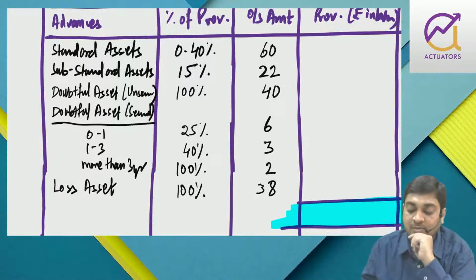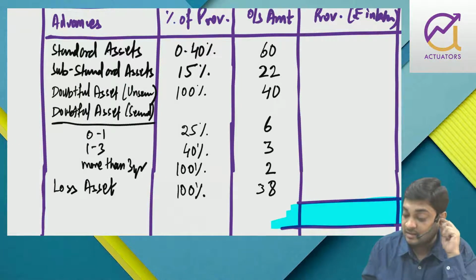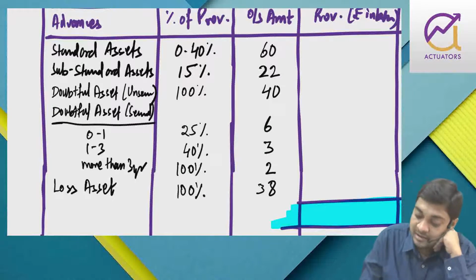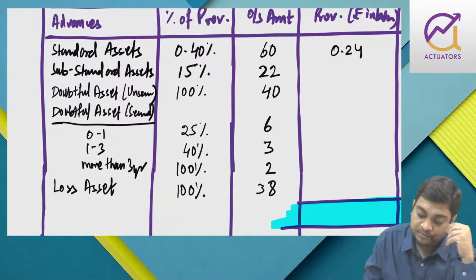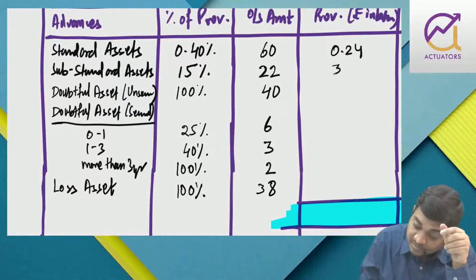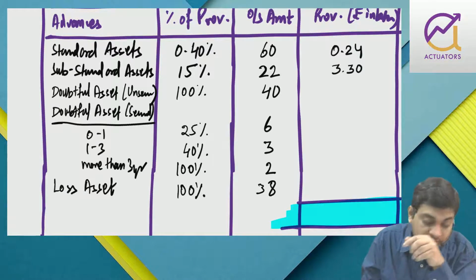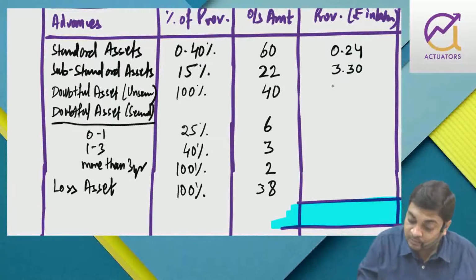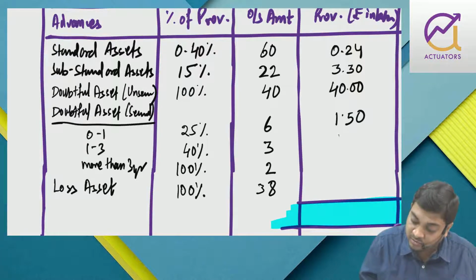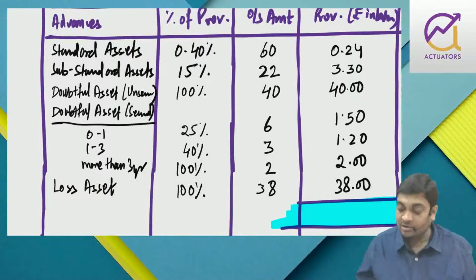Sixty into 1% is 0.6. It will be 0.24. This will be 3.30. This will be 40.00. This will be 1.50. This will be 1.20. This will be 2.00. This will be 38.00.